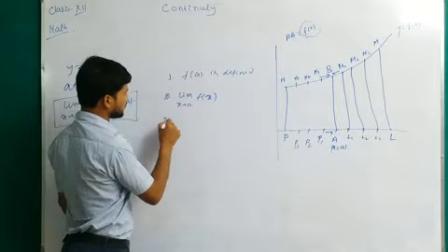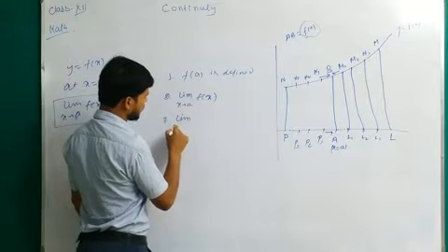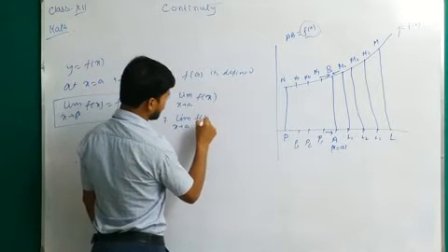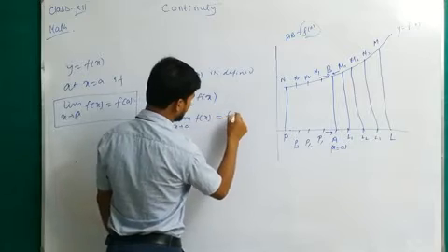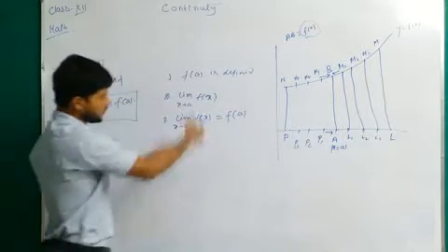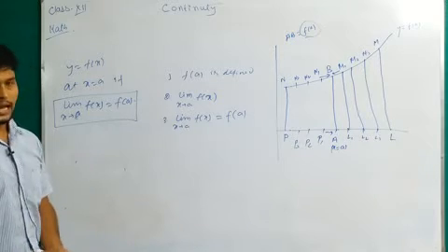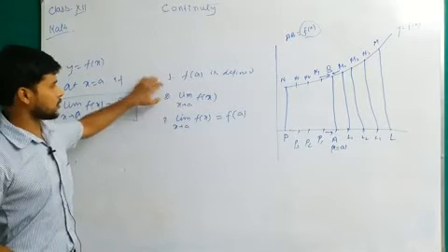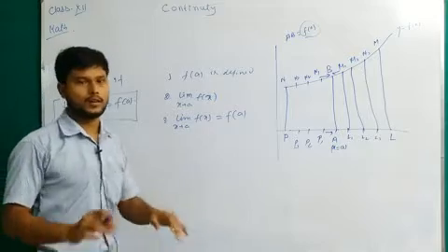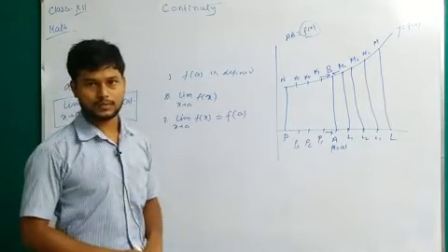And number three, limit x tends to a, f of x must be equal to f of a. If these three conditions are satisfied, then the curve is said to be continuous, and if any one of these is not satisfied, then the curve is said to be discontinuous.